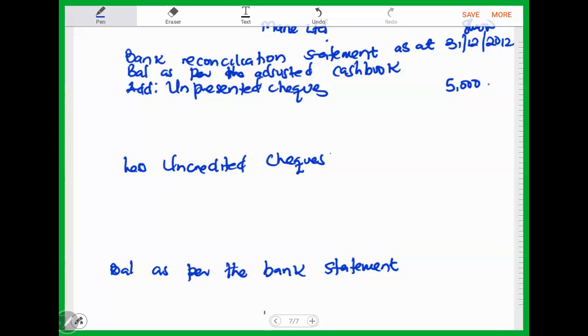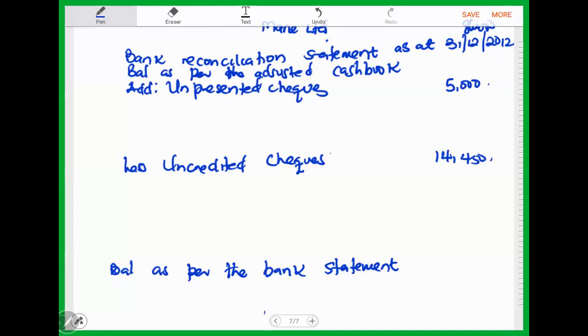And lessing it simply means that we are subtracting it. When we say uncredited checks less, that simply means that we are removing that money. Since we had debited to show that we had received the money, that is why we less from that. That is 14,450.